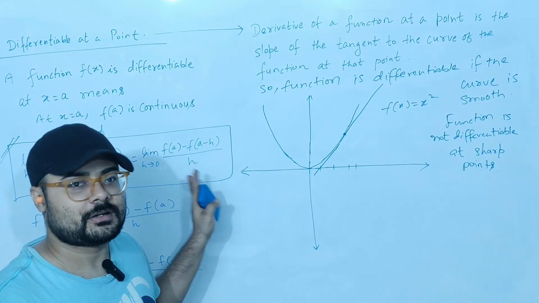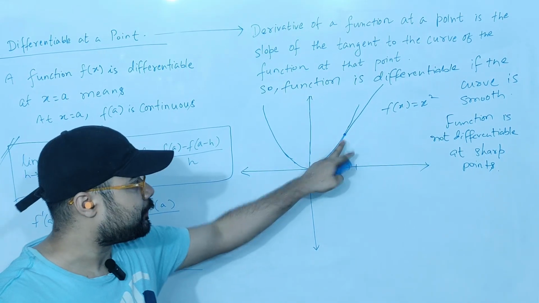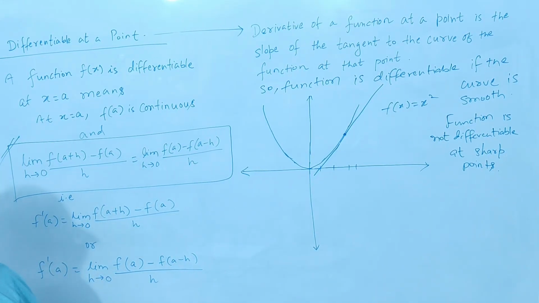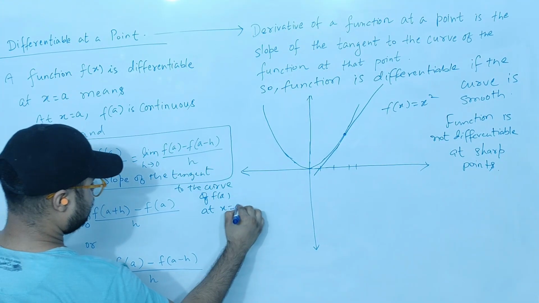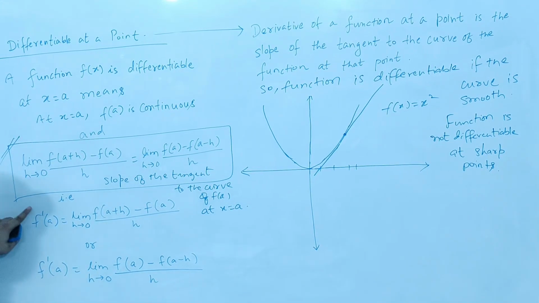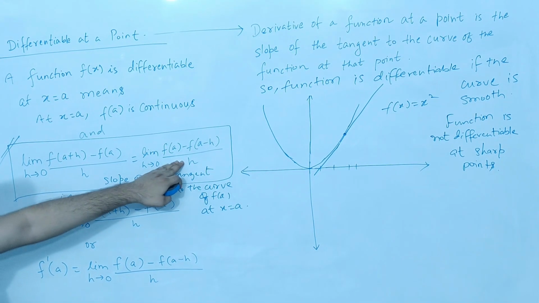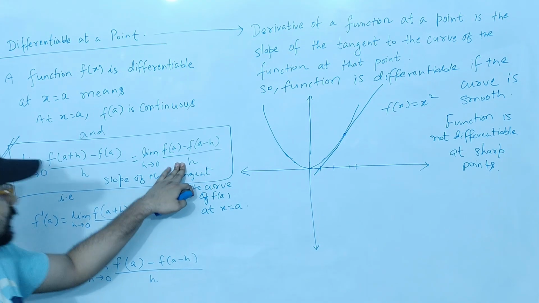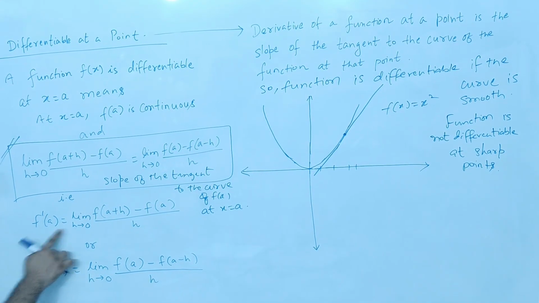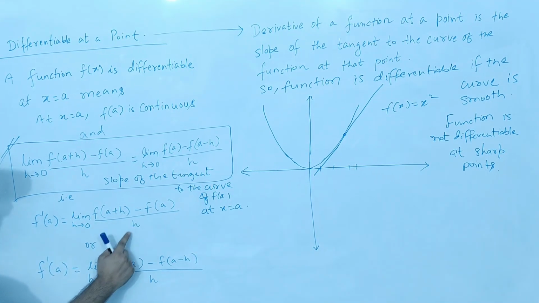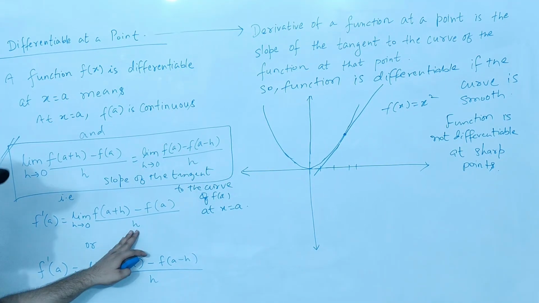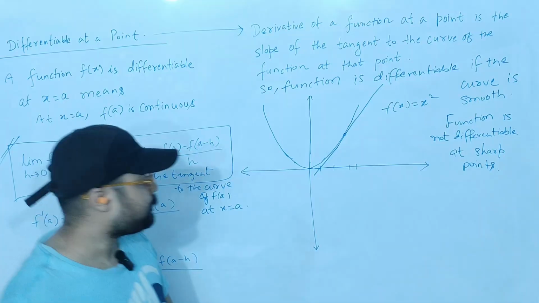If this limit exists, this limit is nothing but the slope of the tangent at that point. This is how we represent it, f dash a. So if these two limits are equal, it means the limit exists, and the slope of the tangent at that point is f dash a is equal to f of a plus h minus f of a divided by h. Let me explain this.